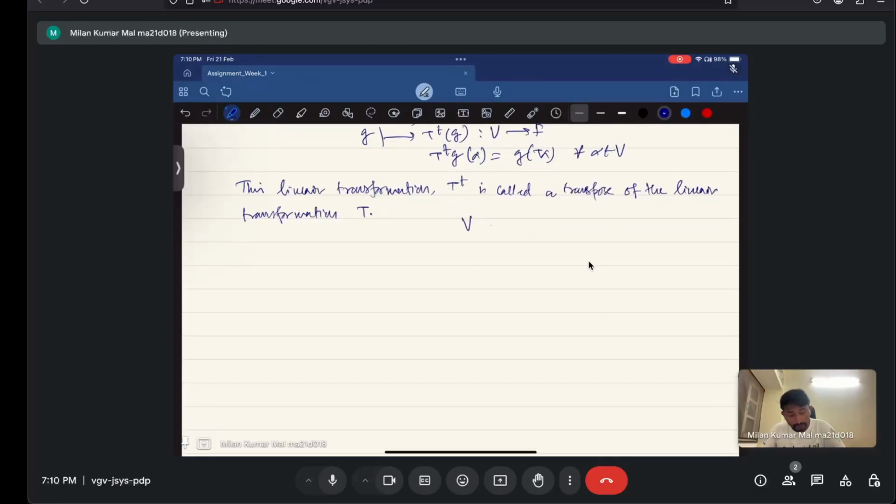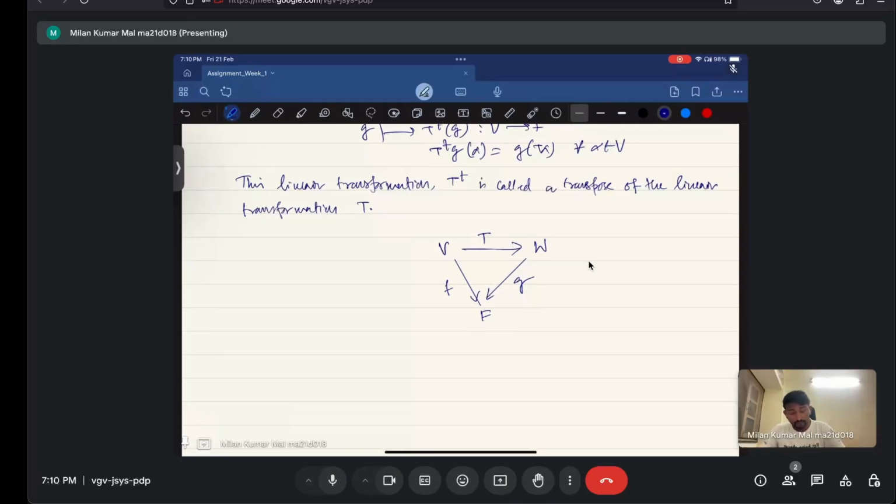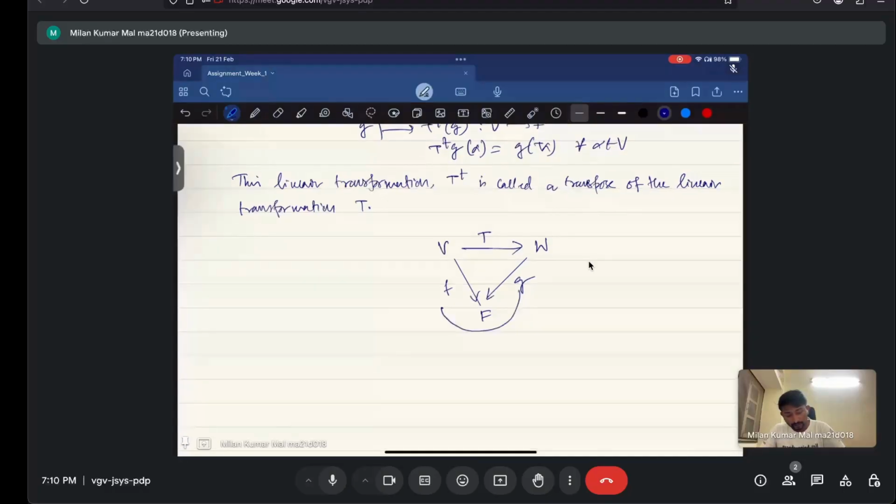Okay, now one can easily visualize this. Let V be a vector space, W another vector space, and T a linear transformation from V to W. Now all linear functionals are maps from V to F, and similarly linear functionals on W are maps from W to F. Now if G is a map here, then T transpose is the map here.